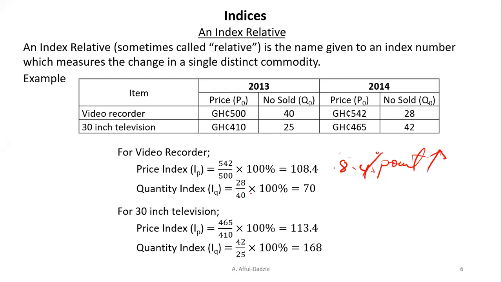So for the quantity index, we have this and we have 70. Please, what does it mean to have 70? Anyone here can help us? What does it mean to have the index number to be 70?